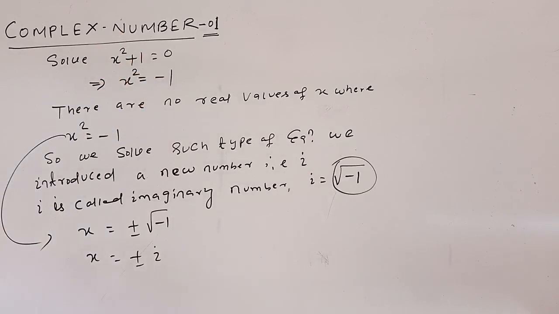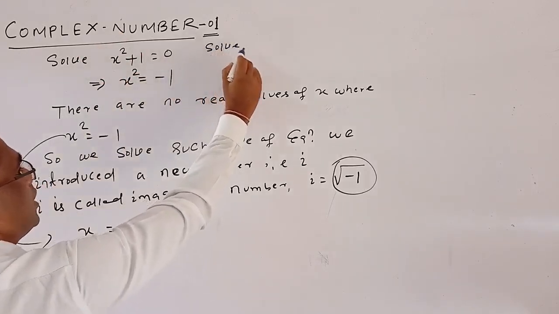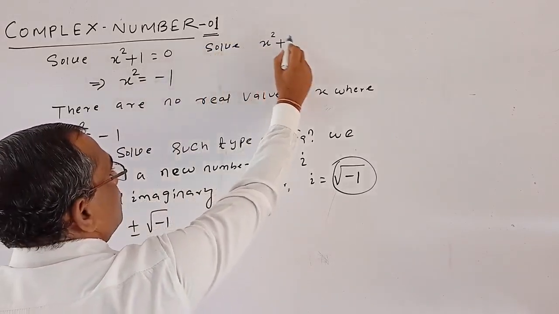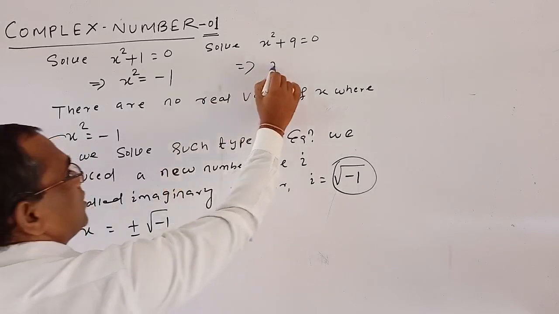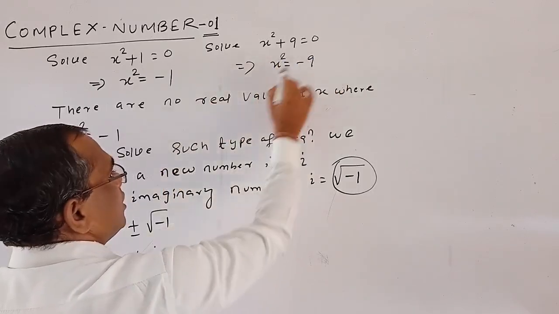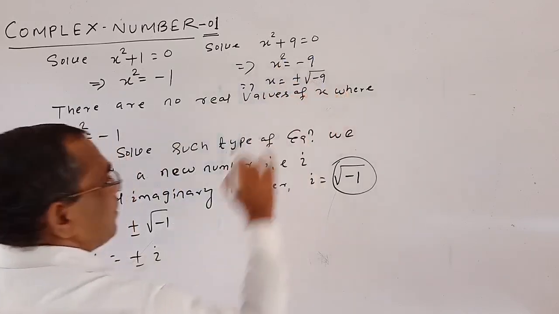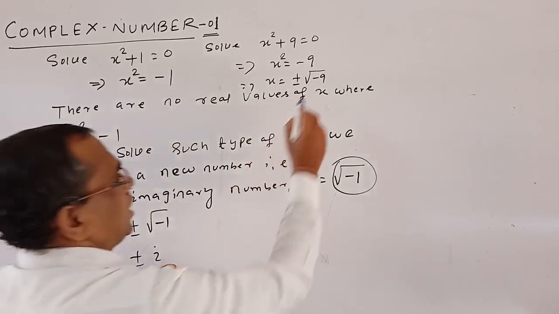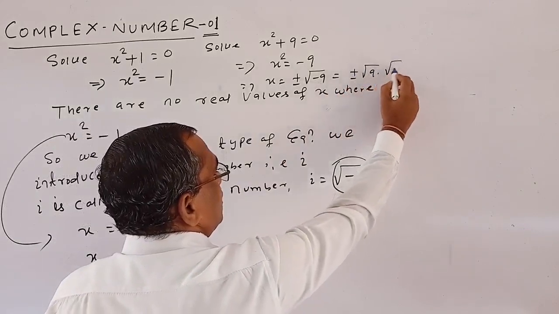Or take another example, number 2: solve x square plus 9 equal to 0. So x square plus 9 equal to 0 means x square equal to minus 9. That is x equal to plus or minus root over minus 9, which is root 9 into root over minus 1.